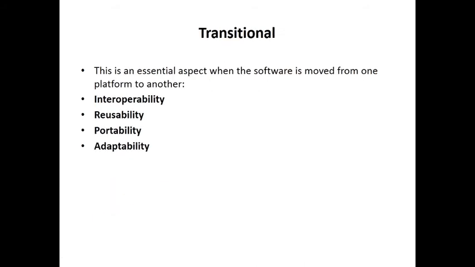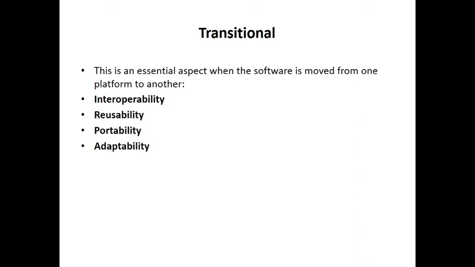Then what are transitional characteristics? That means where we have to show a transition from one terminal to another, one platform to another. So there can be movement of different kinds, like interoperability. We want our system to interoperate software, like client server interaction, the chatting that we do.